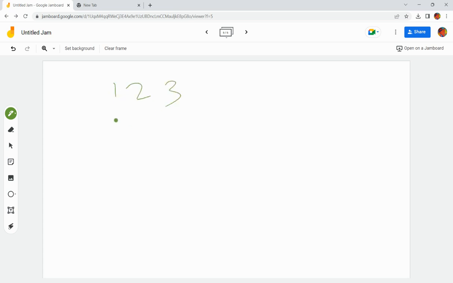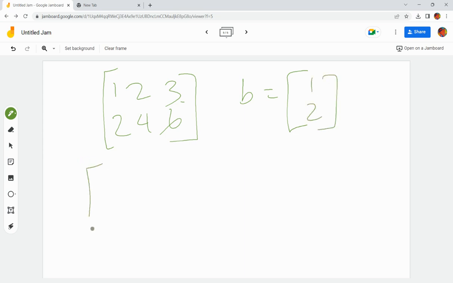So if I have 2, 4, 6, what else do I need? That's good enough for infinity. If I have this and let's just say I want b equals 1, 2, well, if I look at this carefully, this is 1, 2, 3.